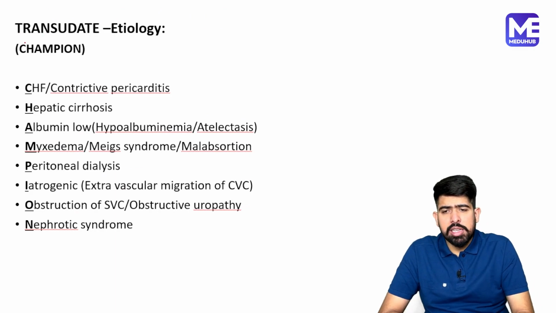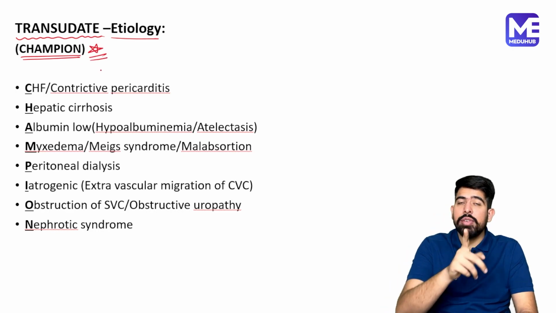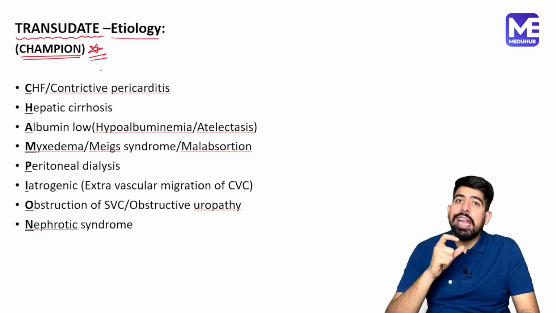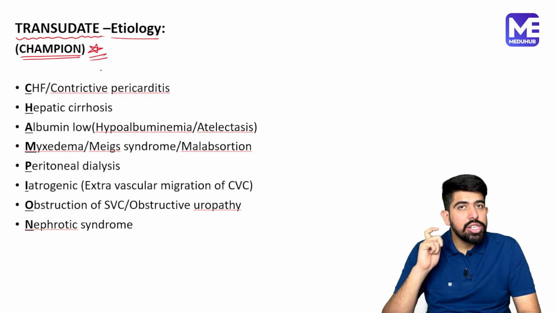If we talk about the etiology of these transudative causes, please remember as a champion, this is the mnemonic. What was the exudative one? The exudative mnemonic was TB, infections, and miscellaneous. But here in the transudative, we have the mnemonic CHAMPION.